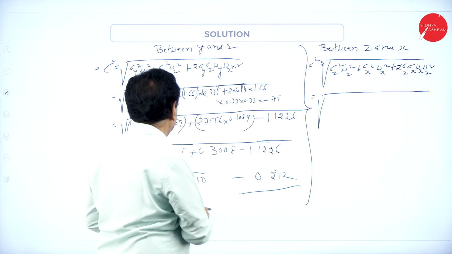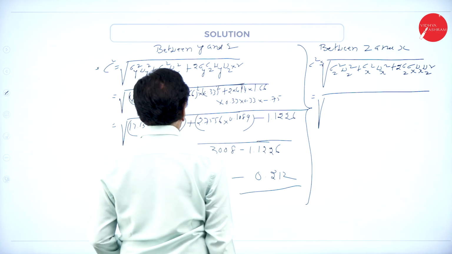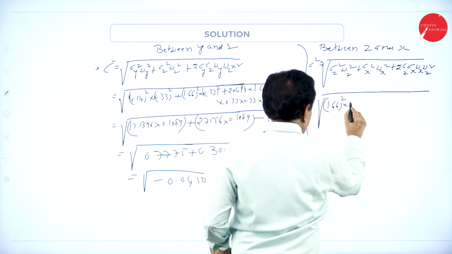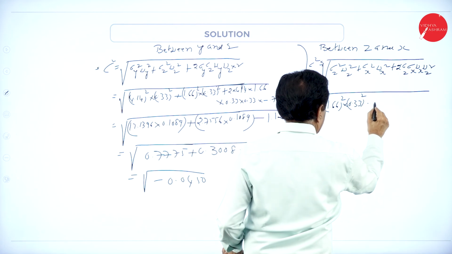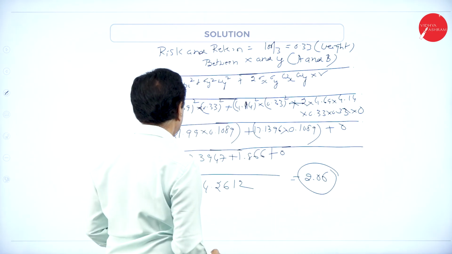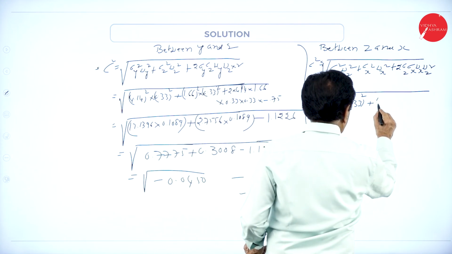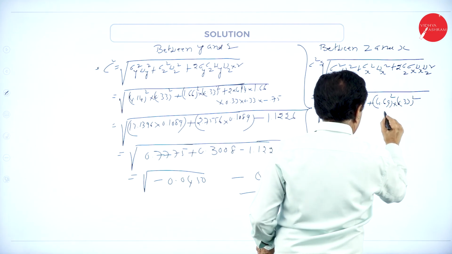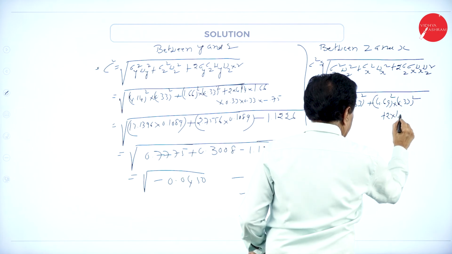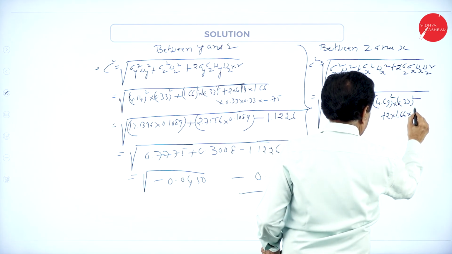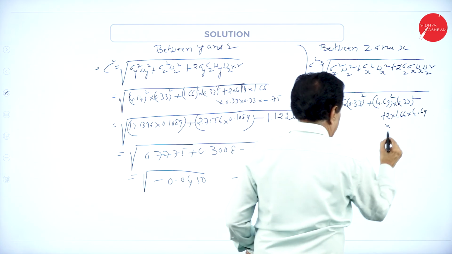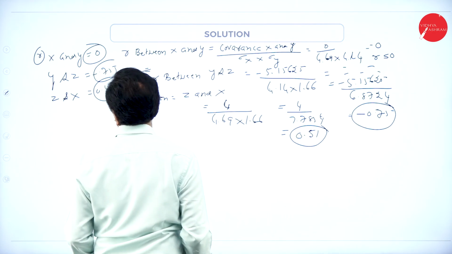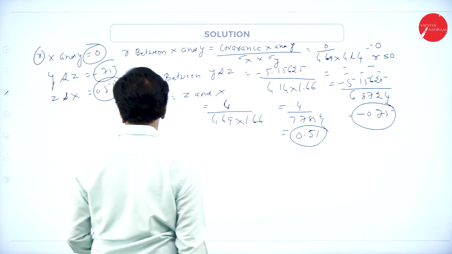What is standard deviation Z square? 1.66 square into 0.33 square plus X. X is 4.69 square into 0.33 square plus 2 into 1.66 into 4.69 into 0.33 into 0.33 into R. R between Z and X is 0.51.